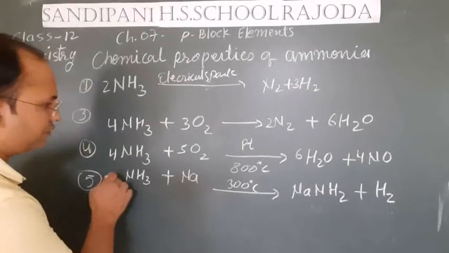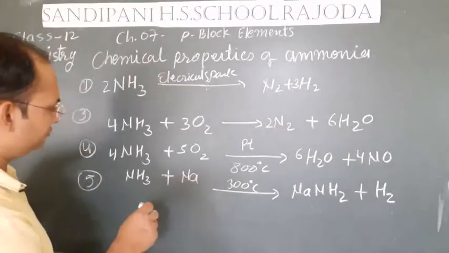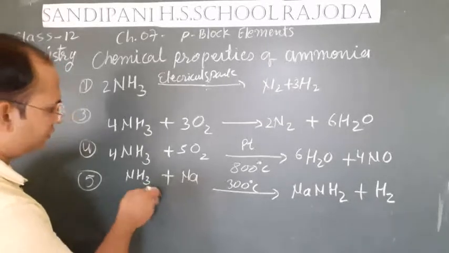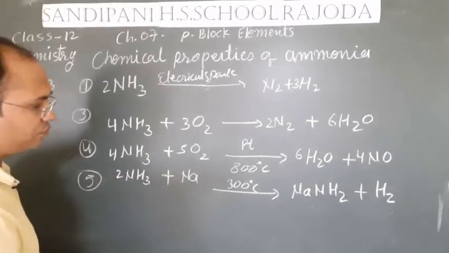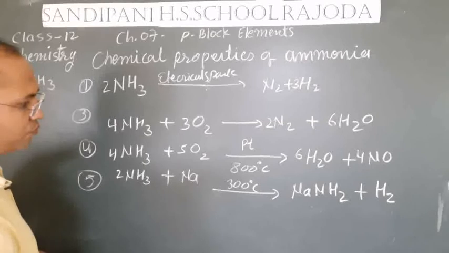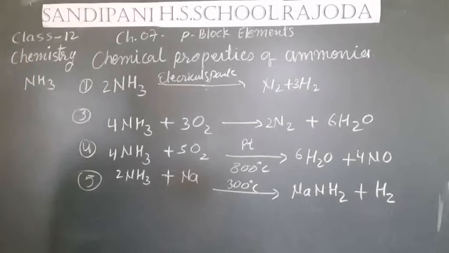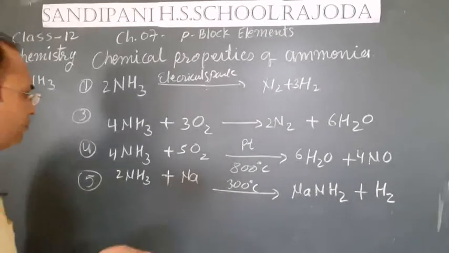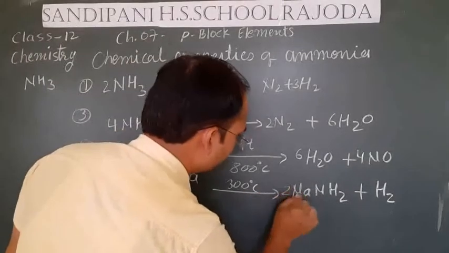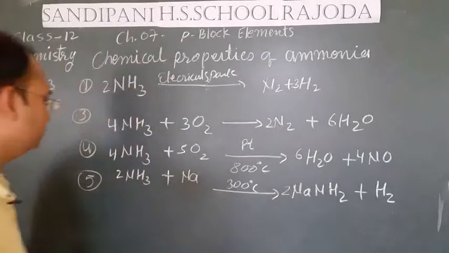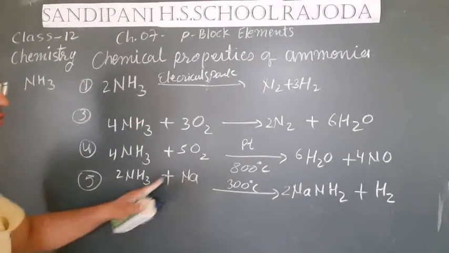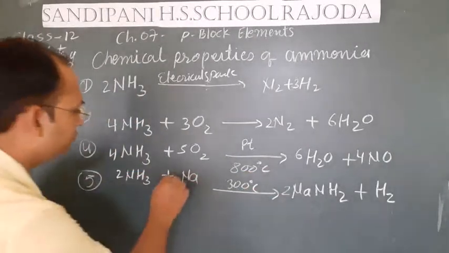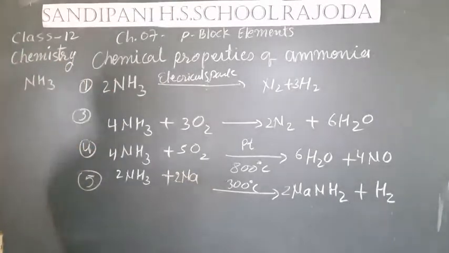Let's balance this reaction. Then nitrogen, one nitrogen, one sodium, hydrogen 3, then 2 to the 4. So 2 NH3 and 2 sodium give 2 NaNH2 and H2.